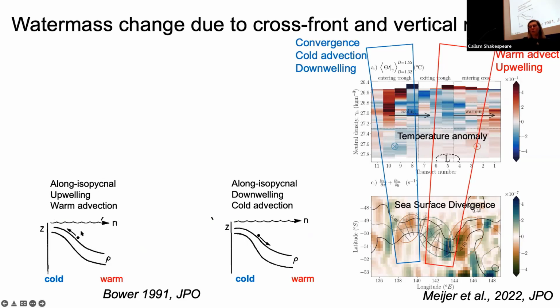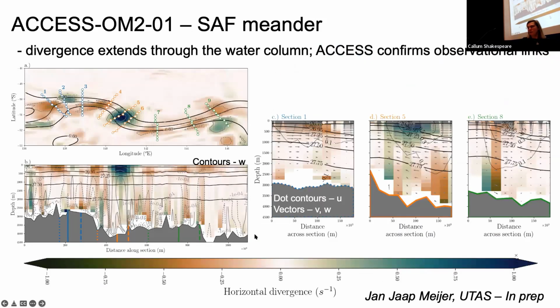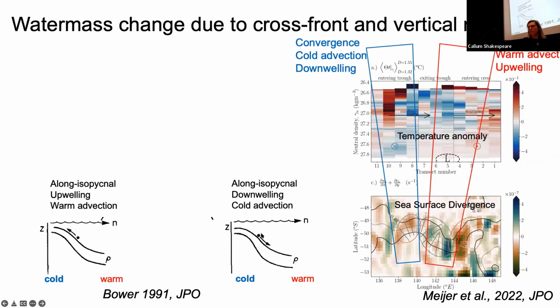And so a little water parcel that moves poleward will experience upwelling, and it's carrying warm water to a cold place. A water parcel that moves equatorward will experience downwelling, and it's carrying cold water to a warmer place. So that's essentially what Yanyap's described in this more complicated panel.